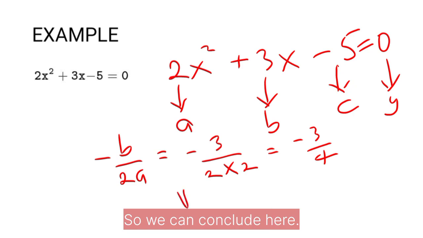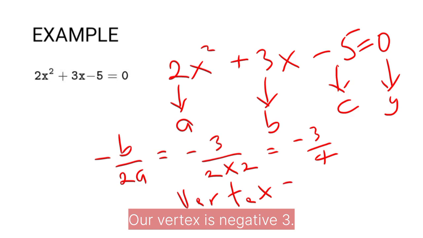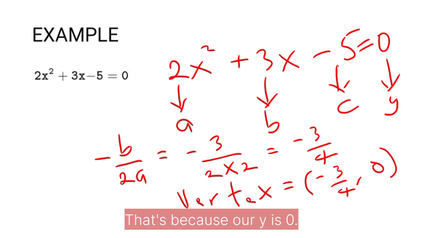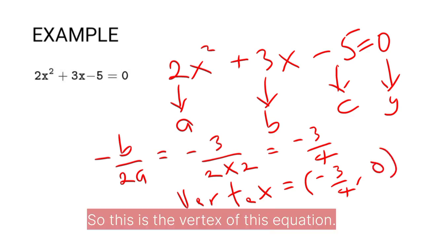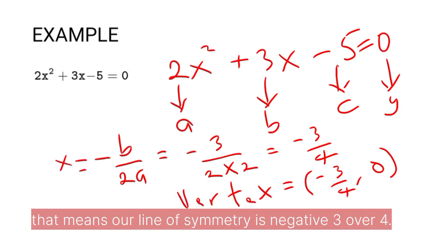So we can conclude that our vertex is (negative 3 over 4, 0), because our y is 0. And our line of symmetry, x equals negative b over 2a, is x equals negative 3 over 4.